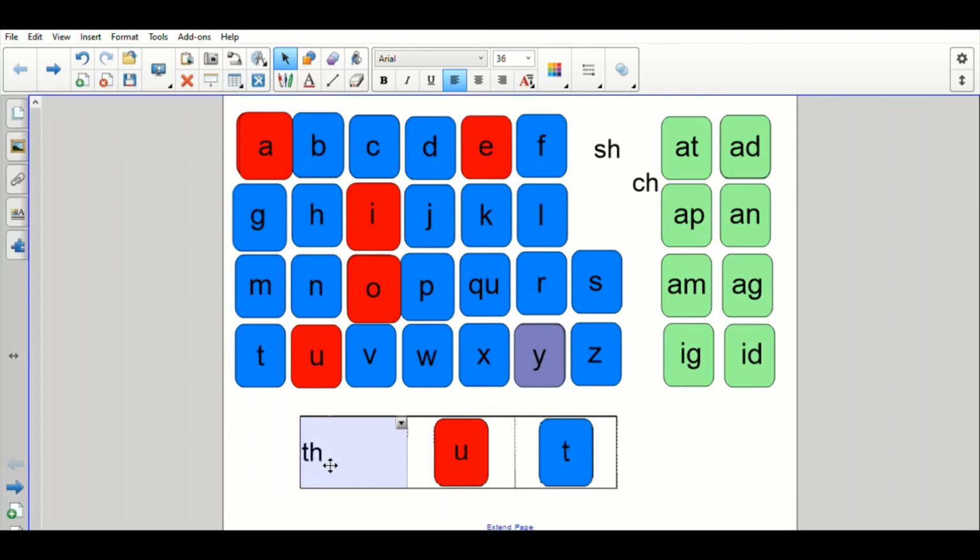So that makes thut. Now, sometimes when we play around with words, we make what I call nonsense words. This is a nonsense word, and I say that's a word that doesn't make any sense.